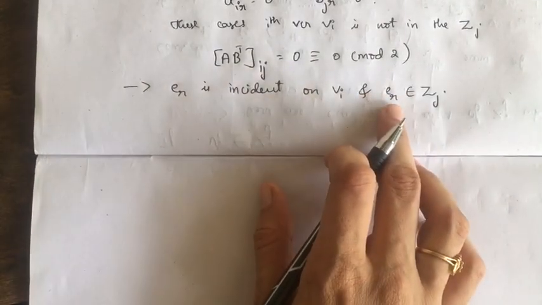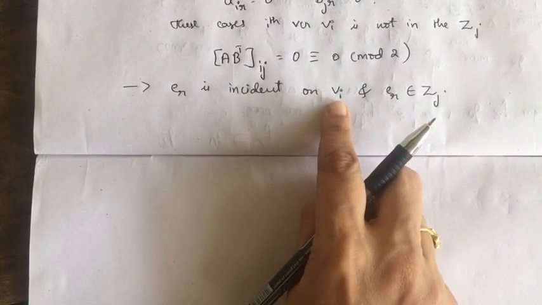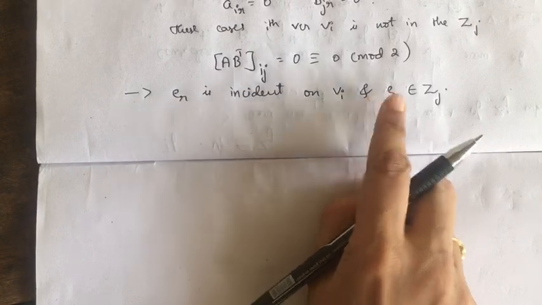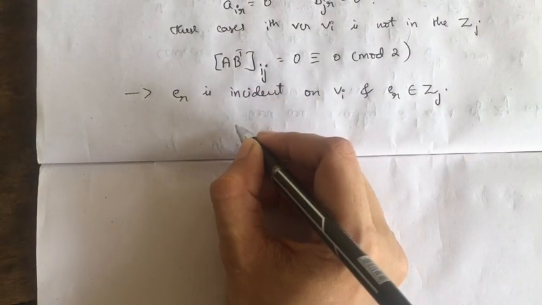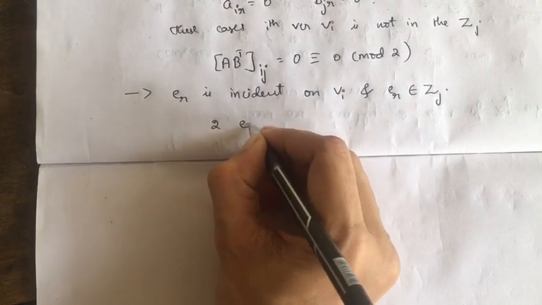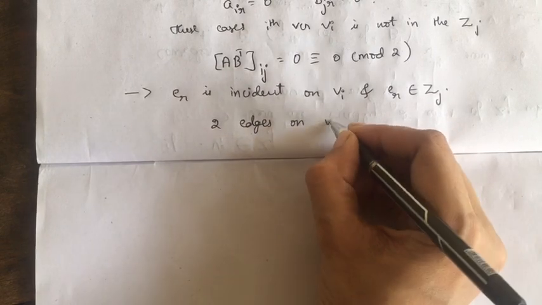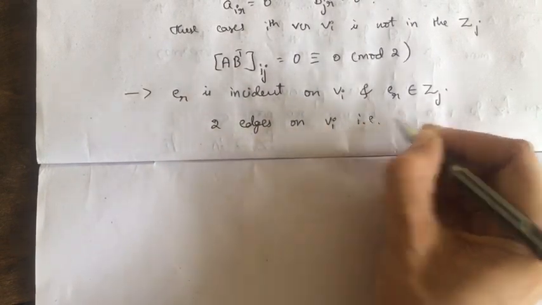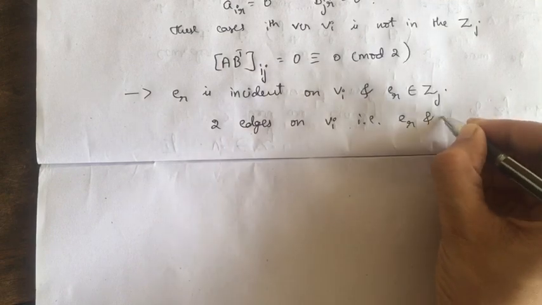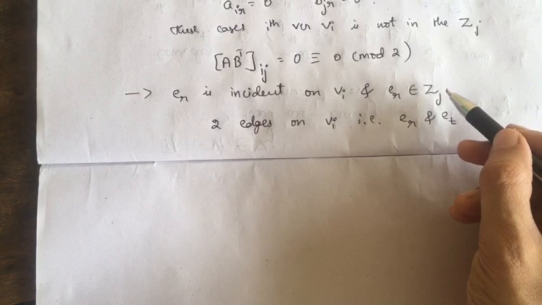Because this edge belongs to Zj, there have to be two edges incident on Vi. One I take as ER, and another I take as ET, which belong to Zj.